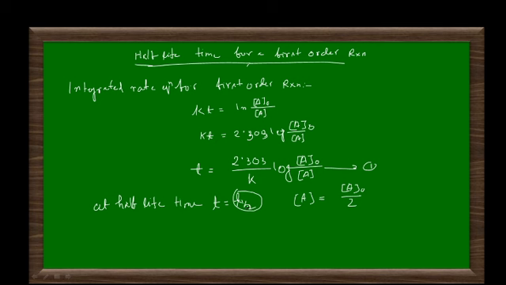Simply putting the value, you can write t half is equal to 2.303 divided by K log of a naught divided by, instead of A you can write a naught by 2. Now here a naught and a naught will be cancelled out.